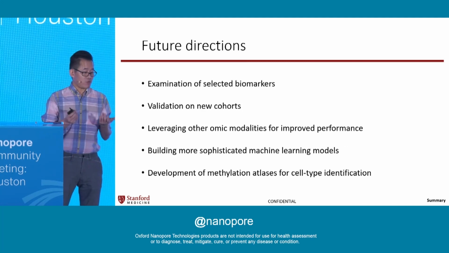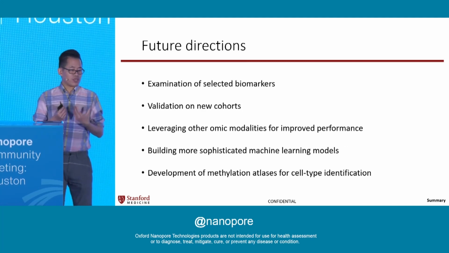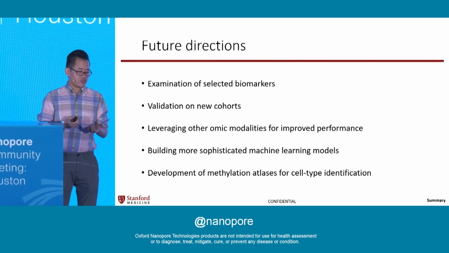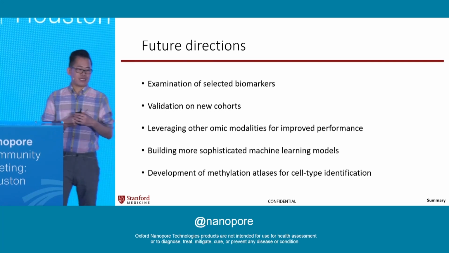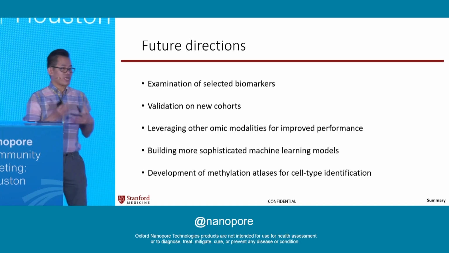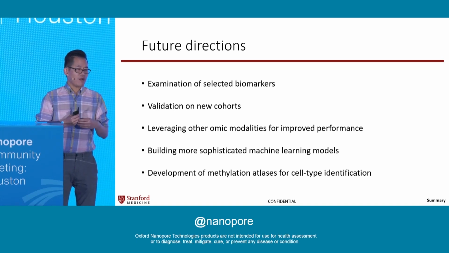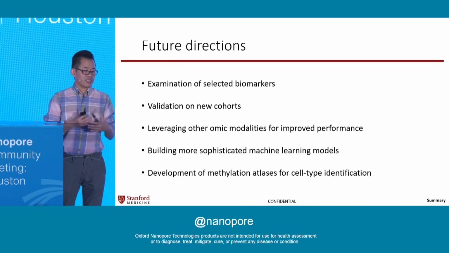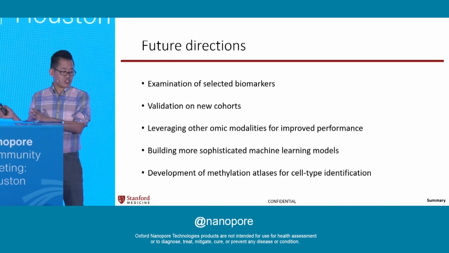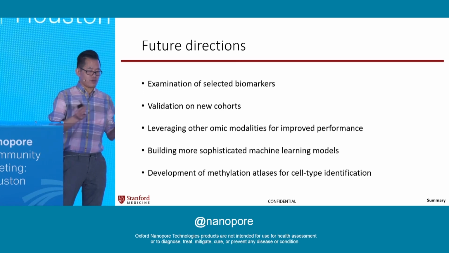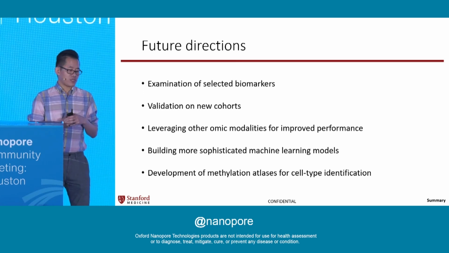There's obviously a lot of work to go. We're looking to further drill down into the selected biomarkers in the study to see what kind of pathways are being enriched from this statistical feature prioritization. We are also actively sequencing new cohorts, so basically an independent validation cohort, in order to validate that our model is correct and working well.